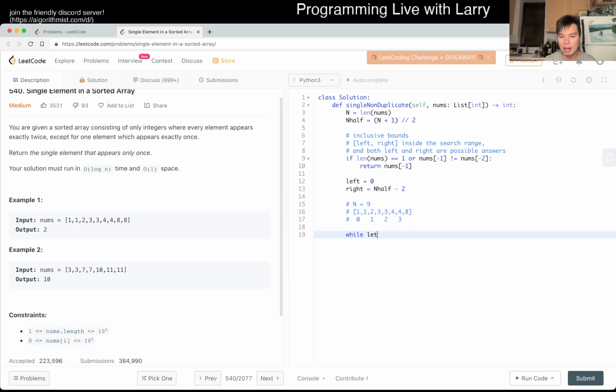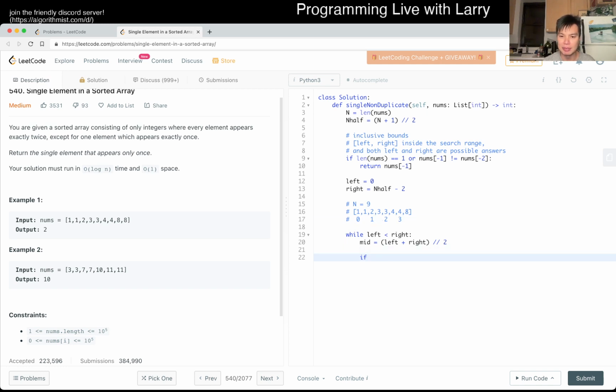Because we have an inclusive range, if left is equal to right, then the inclusive range has one number, and that one number is your answer. That's why I like to explain it this way. Then we just have regular middle stuff. I write it this way to keep it simple. Now what's good? The mid is one of 0, 1, 2, and 3 in this case.